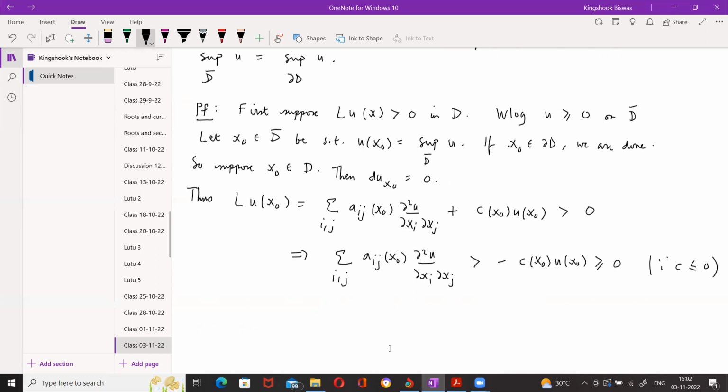This means that my Hessian matrix, okay. So let me write it there.